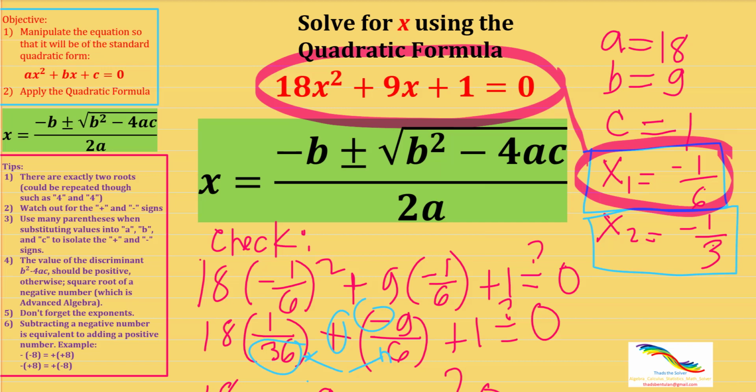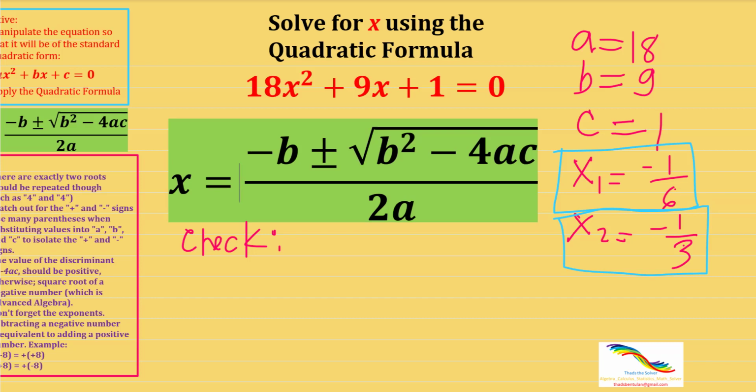That is a quadratic equation. Now let's proceed with the next check. Okay, let's proceed with checking for the solution x2 equals negative 1/3. Let's do that check now.